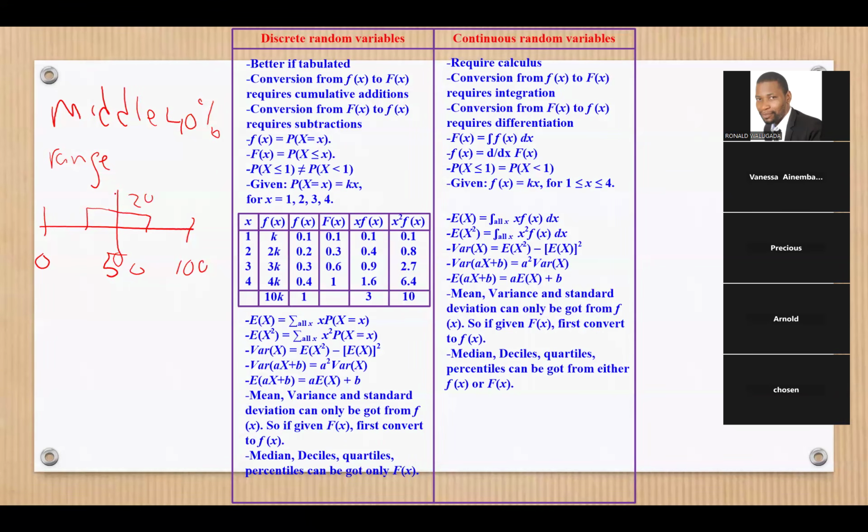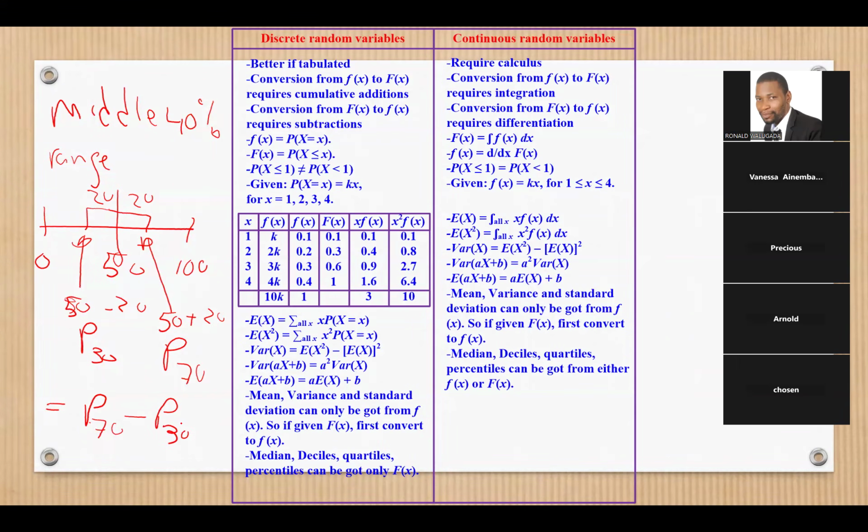This side will take 20, this side will take 20. So this value here is 50 minus 20 to give you P30. This value here will be 50 plus 20 to give you P70. So in short, when they ask for middle 40% range, they want you to get P70 minus P30.